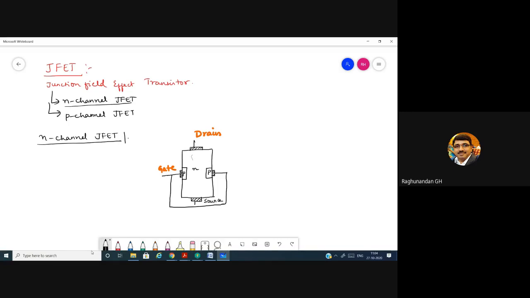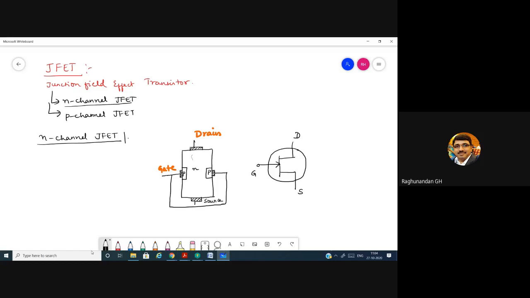The symbol for this, and the symbol itself tells you the construction. This is the gate, this is the source, this is the drain.